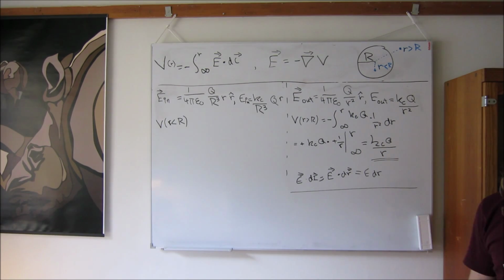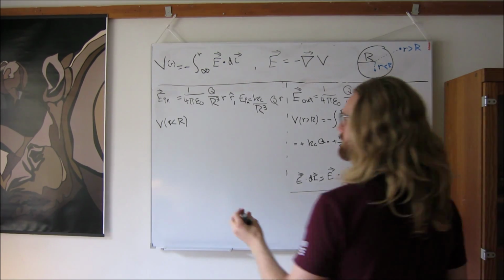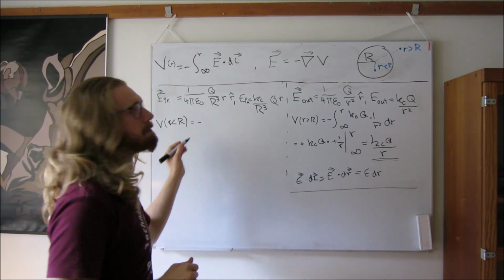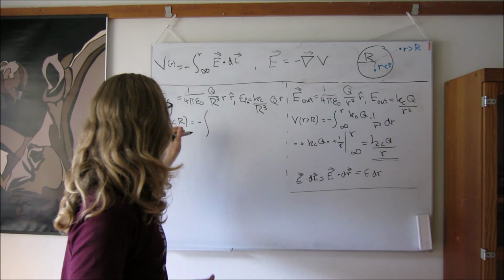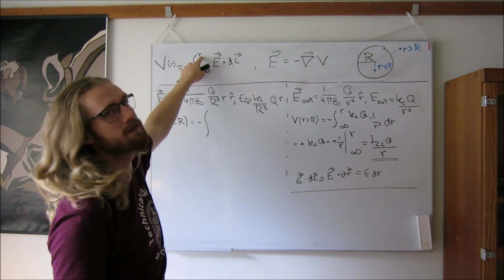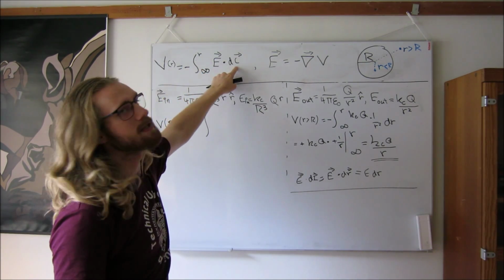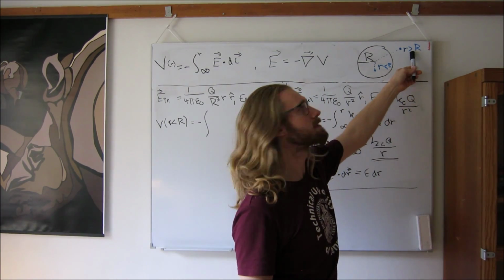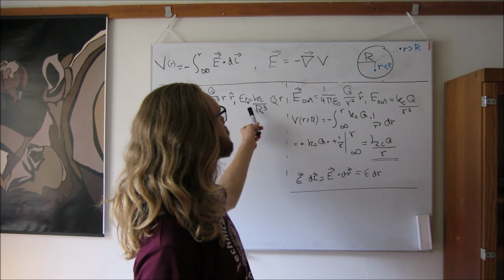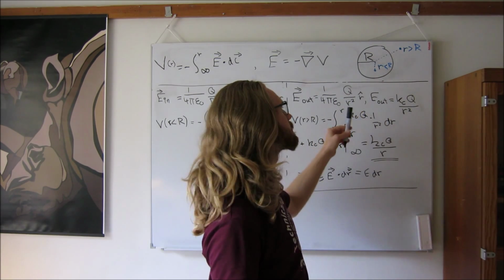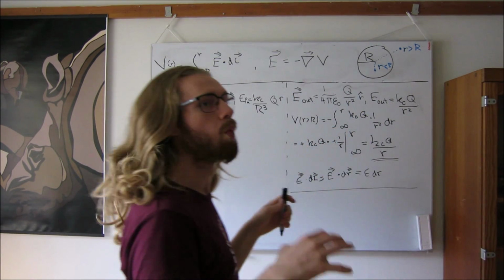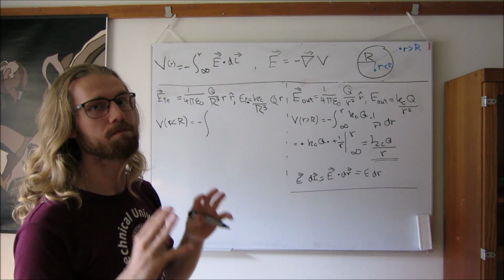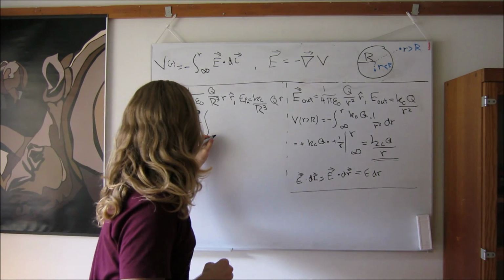The potential inside the sphere is a wee bit trickier, because we need to take minus and then integrate from infinity to our reference point, E dot dl. But outside the sphere you have one electrical field, and inside the sphere you have another electrical field, so you need to work your way in from infinity. So we need to split this integral into two parts.